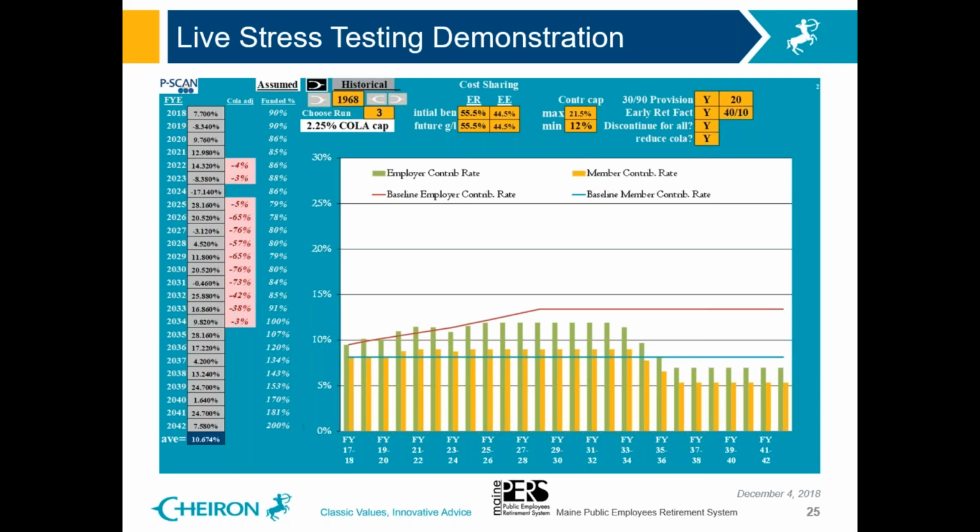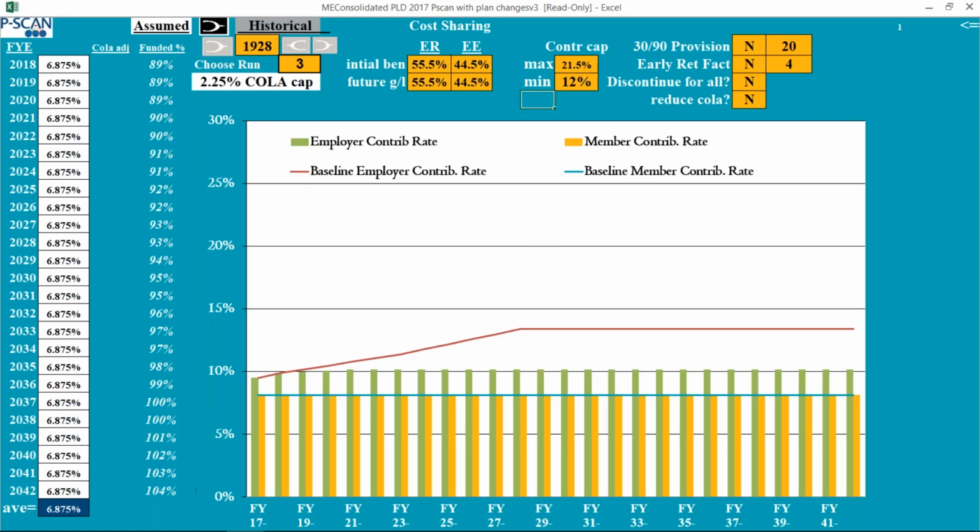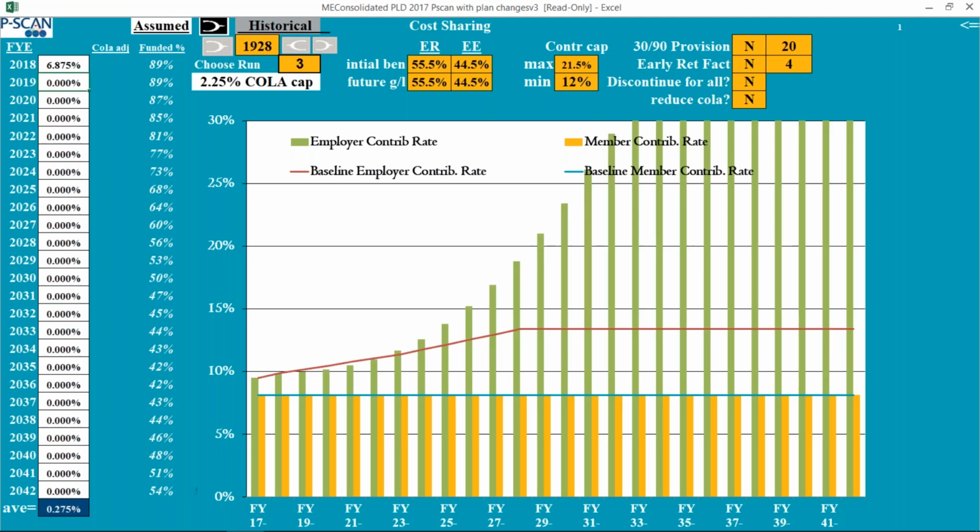So now we're looking at, before anything ever started, this was the projection, and Sandy was worried about what if we have, let's see, where's my cursor? Some bad returns in here. Well, not that bad.